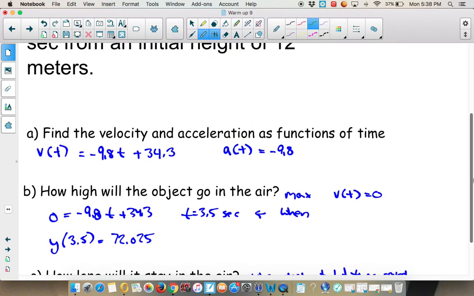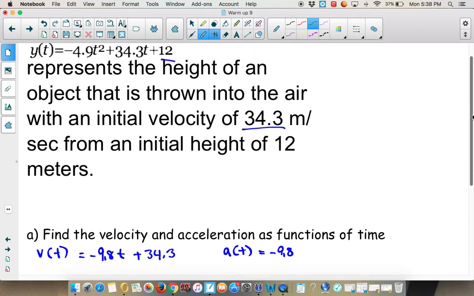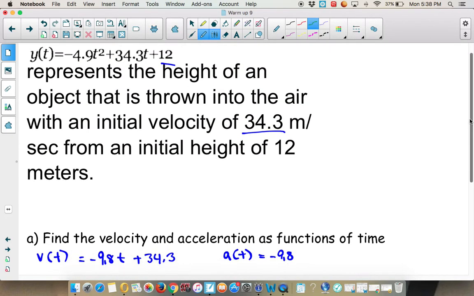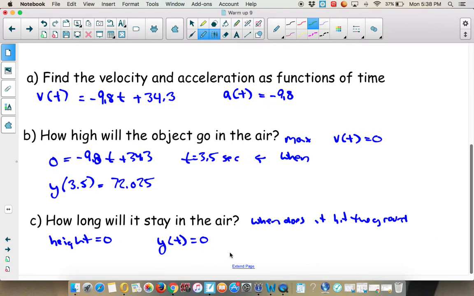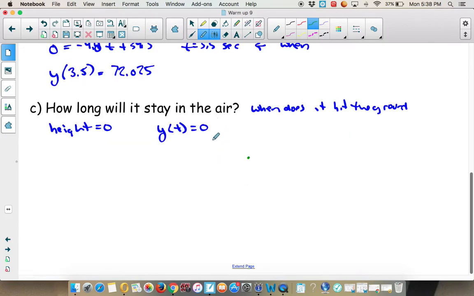One of the t's is going to happen in the negative, and you know that that cannot be, because you started from a height of 12. That cannot be the time that you're looking for. So you find the second one. If you look at your graph, it looks like that, and I'm looking for this time.